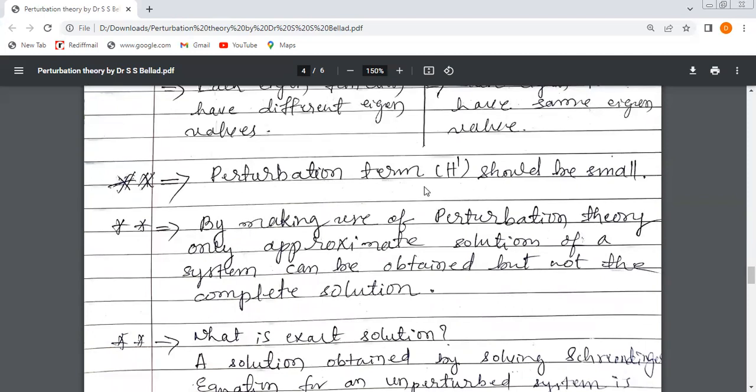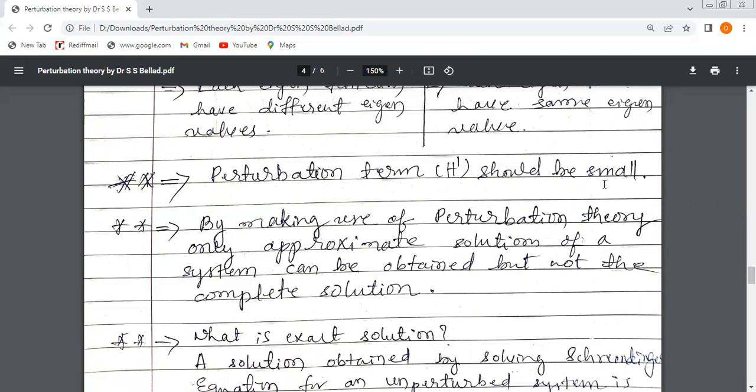And the next point is when we can apply the perturbation theory. The perturbation theory can be applied only when the perturbation term H dash is small. The question comes here: whatever the perturbation value may be, can you apply it or study it? No, because only small variations or deviations from the Schrodinger equation can be studied.